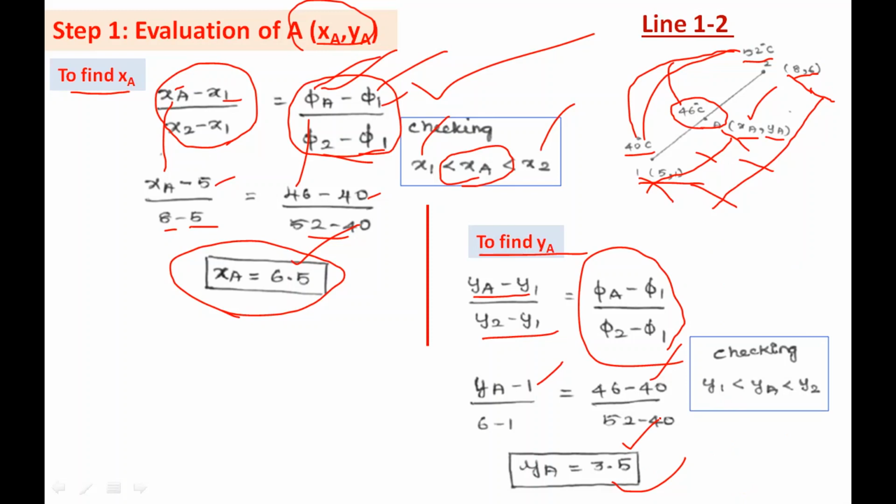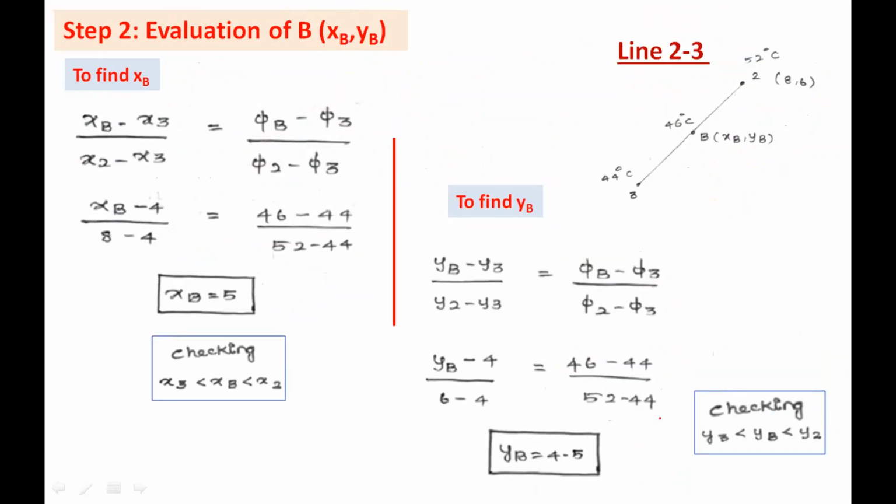Similarly, we have to find the coordinates for point B. The coordinates of point B, xb, yb, lie on the side or line 2 3. So now we consider this line 2 3. Again the same relationship: you take first xb minus x3 divided by x2 minus x3.